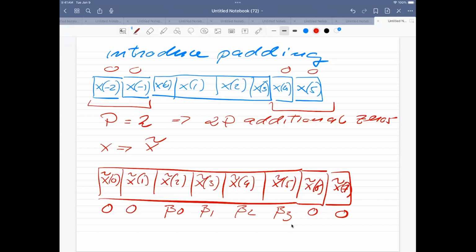So what I would end up doing then is replacing the previous formula with a new formula. And the new formula is going to look like this. So my y of i is going now to be given by a sum, which is the same as before, for k up to m minus 1.